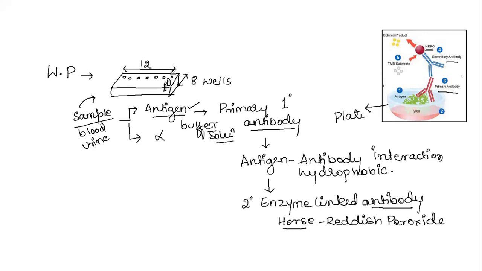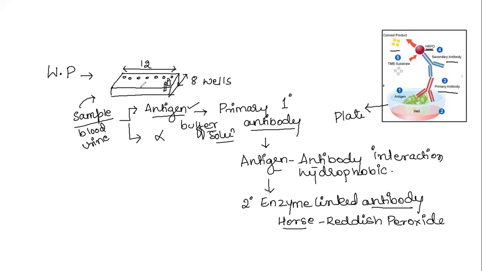Wherever in the wells an antigen-antibody interaction has taken place, the secondary antibody interacts with the primary antibody, which is fastened by the enzyme here. The enzyme catalyzes the interaction between the secondary and the primary antibody. If that interaction has taken place, then there is a color change. That is what we've put here as colored product.